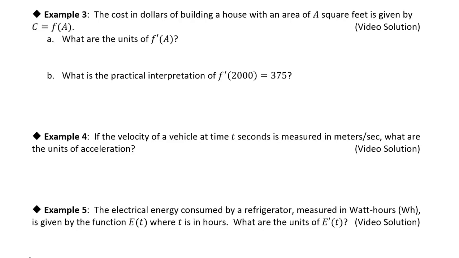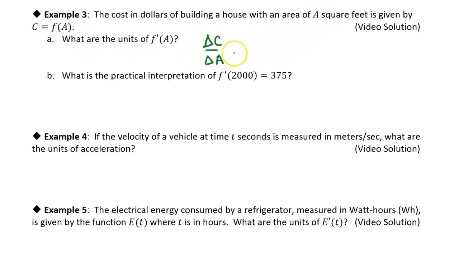Well, just remember that we can think of this as delta c over delta a, right? That would be f prime because the function represents the cost, and the input to the function, or the independent variable, is area a.